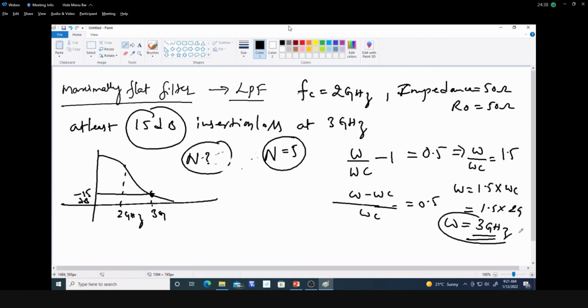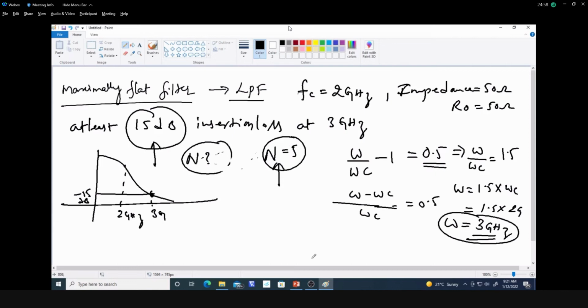For this particular value we get omega equal to 3 gigahertz, and this gives an insertion loss of 15 dB. So the filter order n equal to 5, that is very important. From the figure we got n equal to 5 and 15 dB insertion loss.